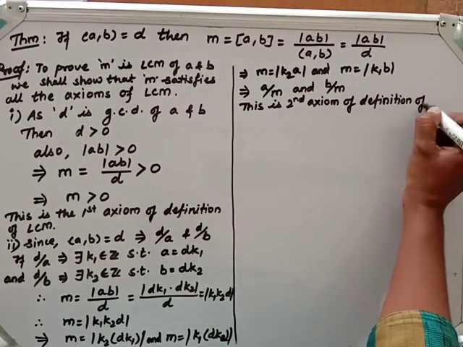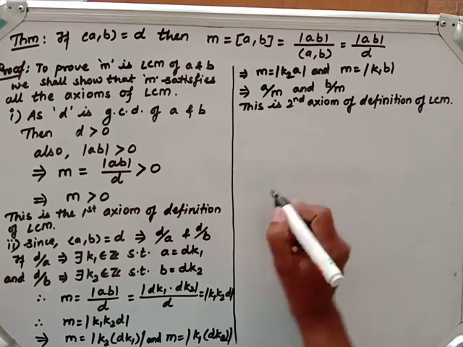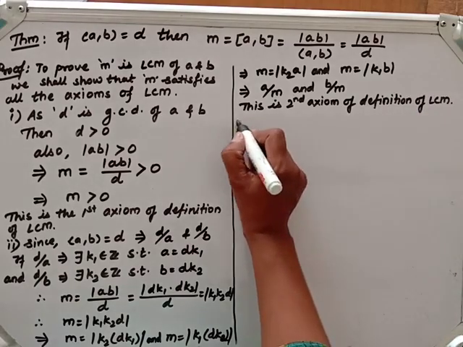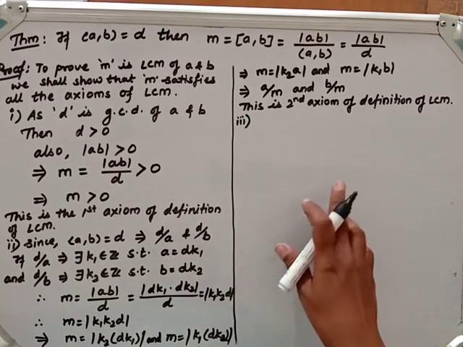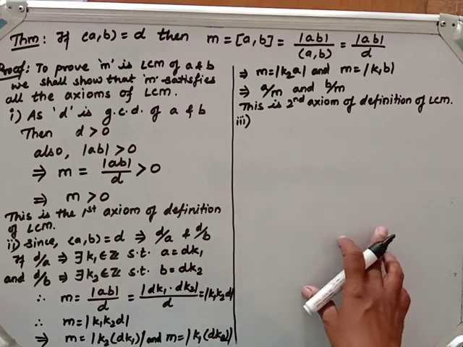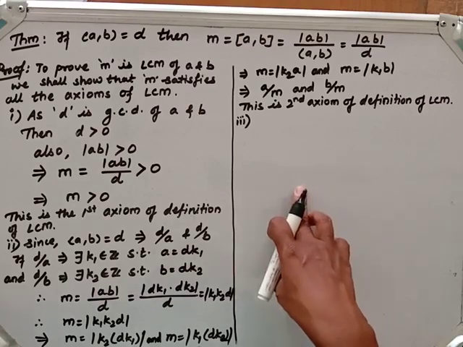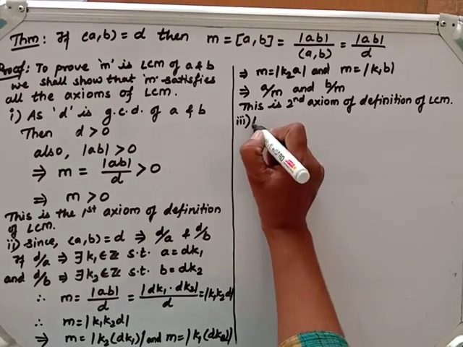Fine. Now our third part: there must exist some common multiple of A as well as B, and that common multiple is divisible by whom? Our M. That we have to prove.